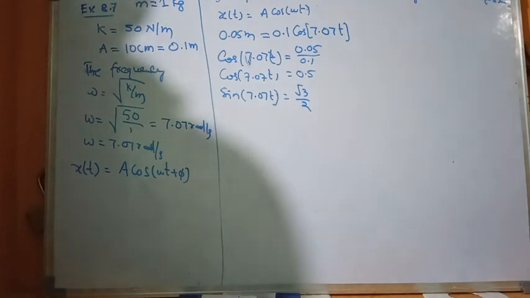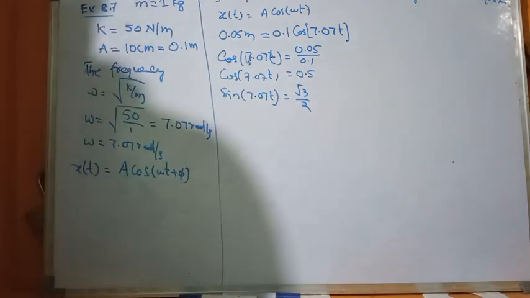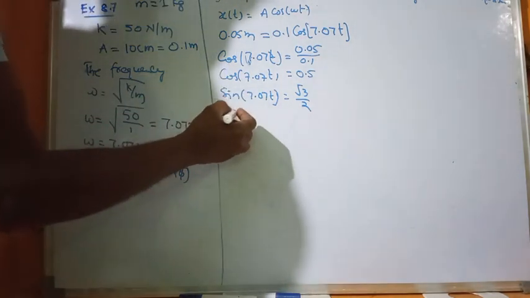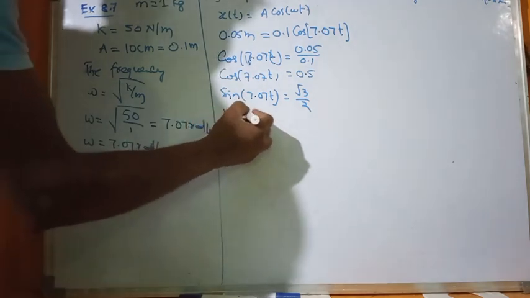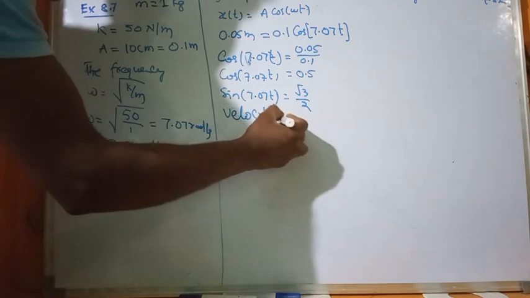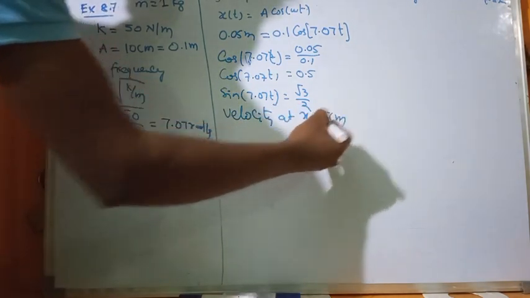Okay, the next is velocity at x equal to 5 centimeters.